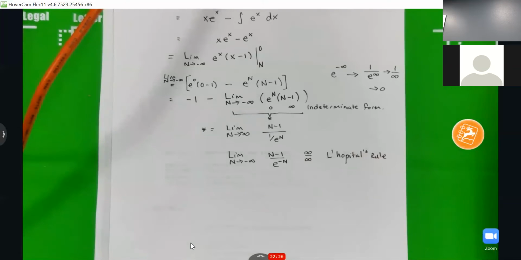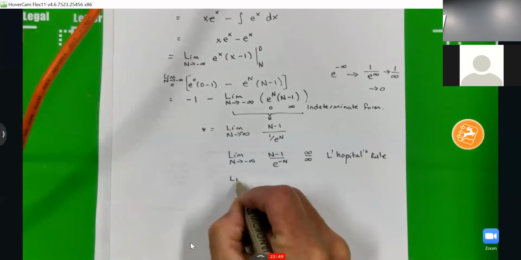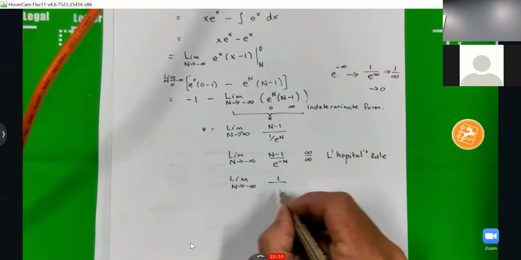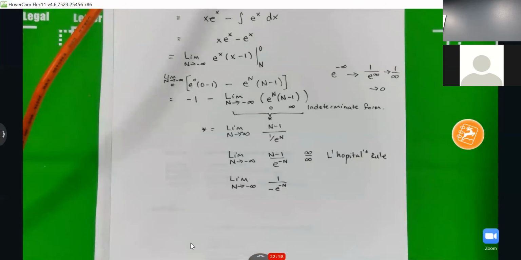What's the big deal about getting it to infinity over infinity or 0 over 0? That's right. If we take the derivative of the top, divide by the derivative of the bottom, and get a limit, then that's the limit of this function. So I'll get the derivative of the top to be a 1. The derivative of e to the minus n is itself times the derivative of the exponent.